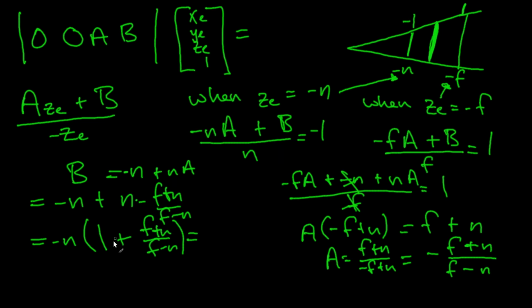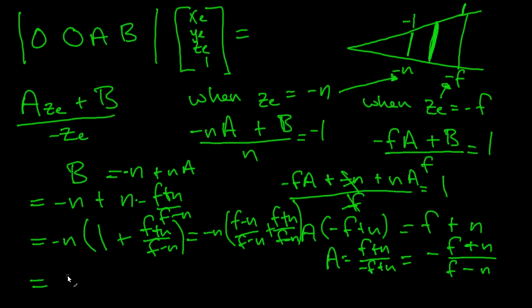And let's turn this 1 into an f minus n over f minus n, so we can combine these fractions. Negative n, and we'll have f minus n over f minus n plus f plus n over f minus n. That yields these f's, which will combine, but we'll have two f's. These n's will cancel.